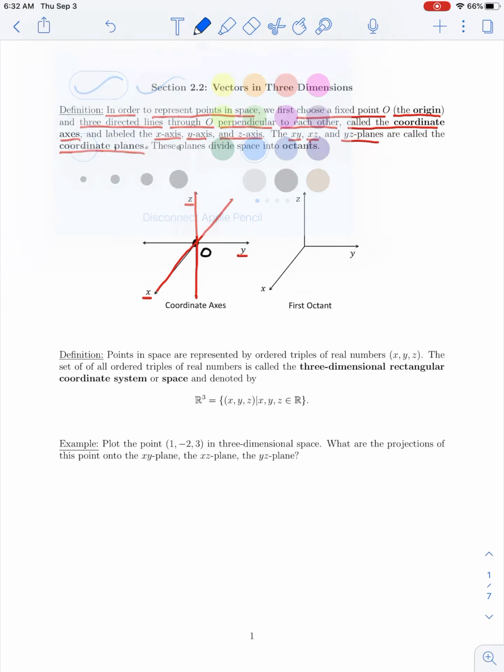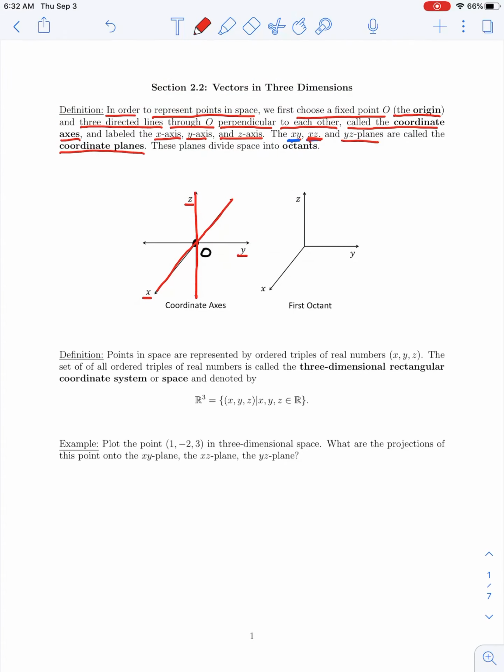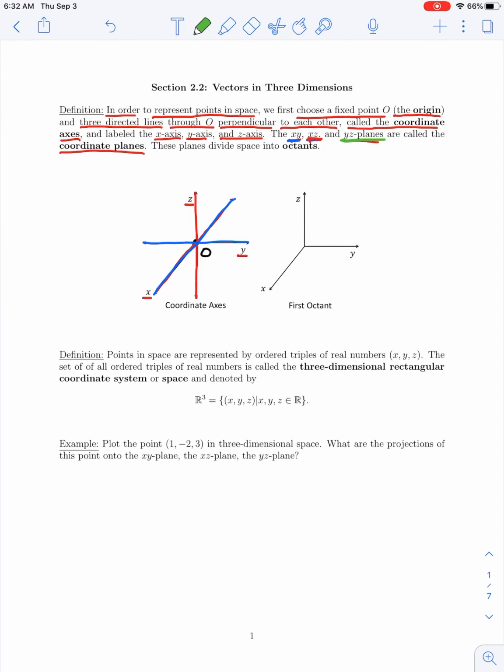The xy plane would be the plane determined by the x and y axes, and then the yz plane would be the plane determined by the y and z axes.